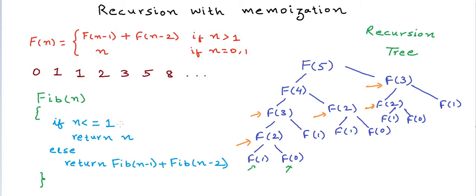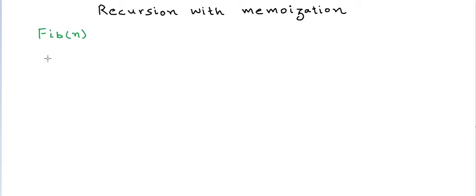So I will modify the function here on the left a little bit. I will write this function fib of n again, and let's start with a base condition. If n is less than or equal to 1, we simply return n. What this basically means is that we already know f0 and f1. So anytime we are asked for f0 and f1, we simply return it and do not make a recursive call.